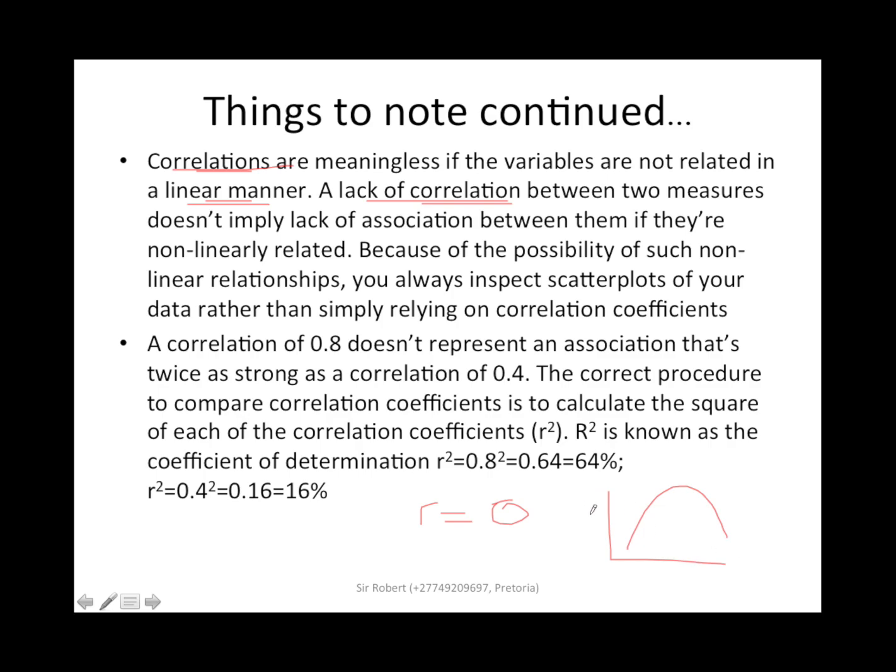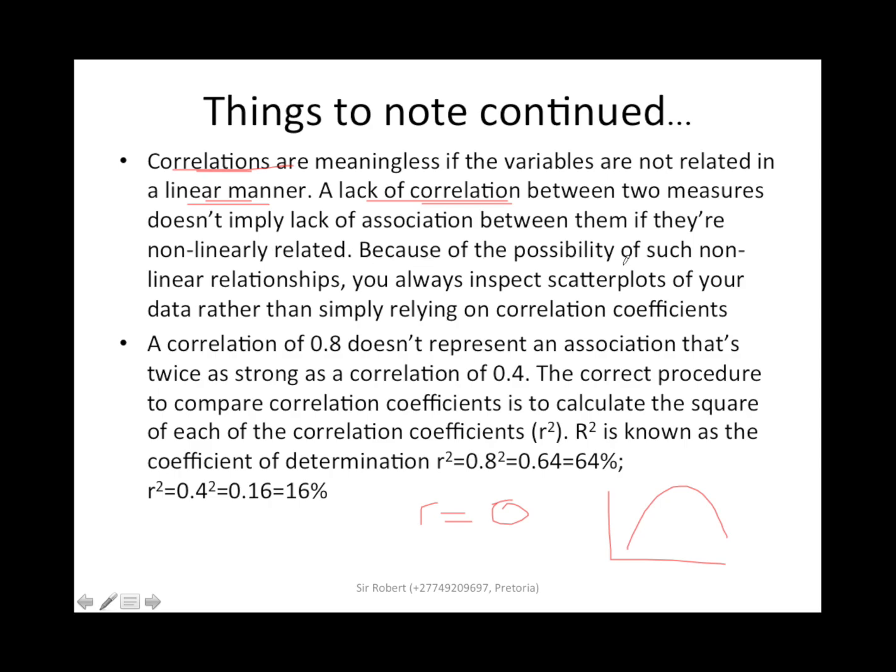So lack of correlation just means that there is no linear relationship, but the variables might be associated in a different manner. So a lack of correlation between two measures doesn't imply lack of association between them if they are non-linearly related.